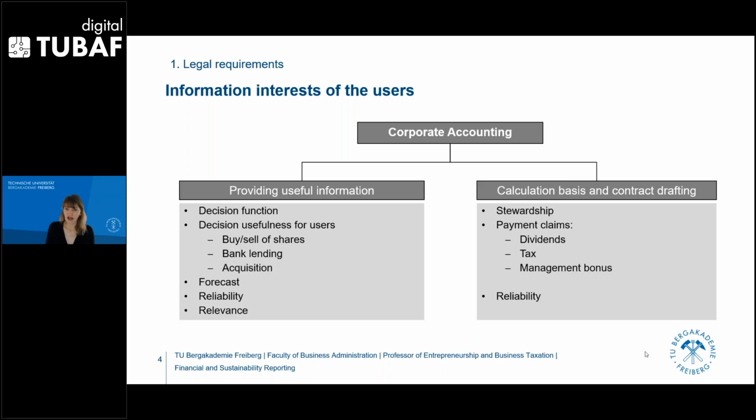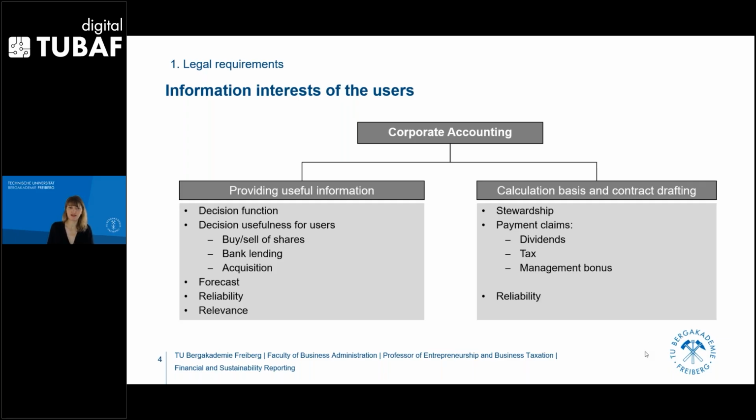So what are the objectives and the information interests of the users based on the information provided via accounting systems? You want to provide useful information for decisions, for example, for investors, if they want to buy or sell shares of the company, and they base their decision on the information disclosed in financial reporting, for example, the profits and losses generated by the company in the past.